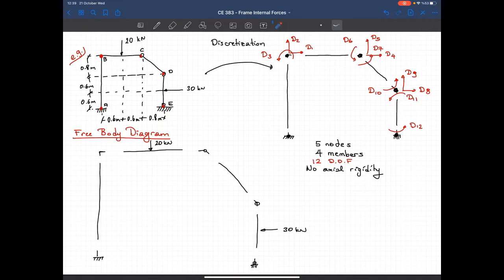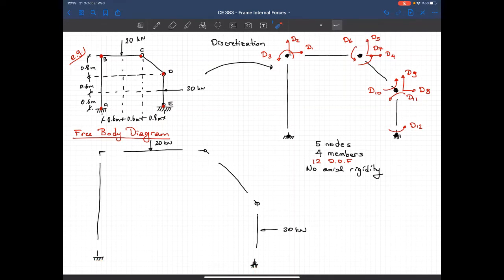If I take moment with respect to that point, that should give me nothing, because I don't know what this moment is. I don't know what this vertical force is. So I have two unknowns, right? Again, in the forces in Y, I have two forces.